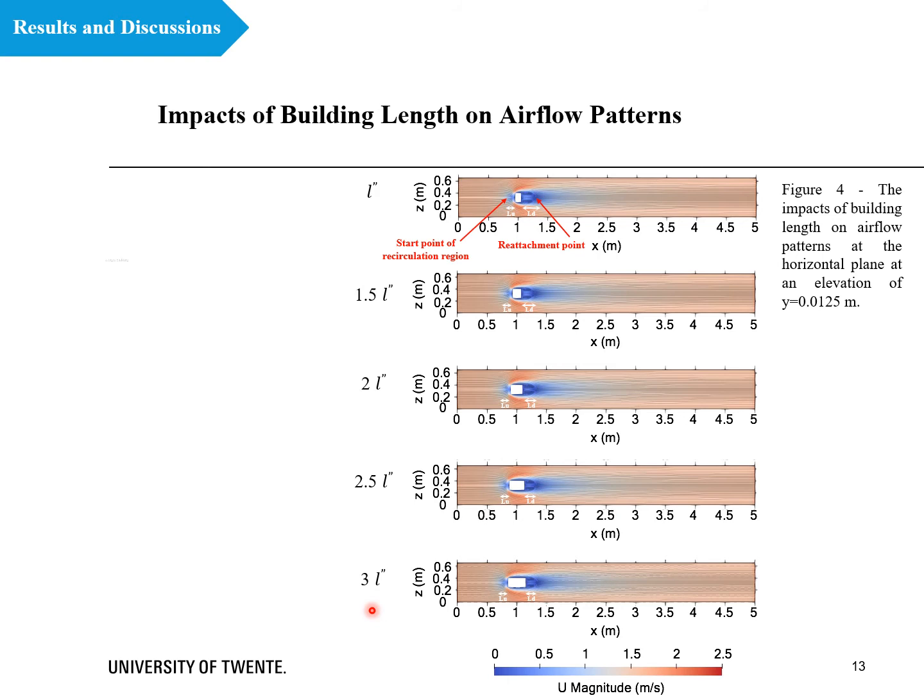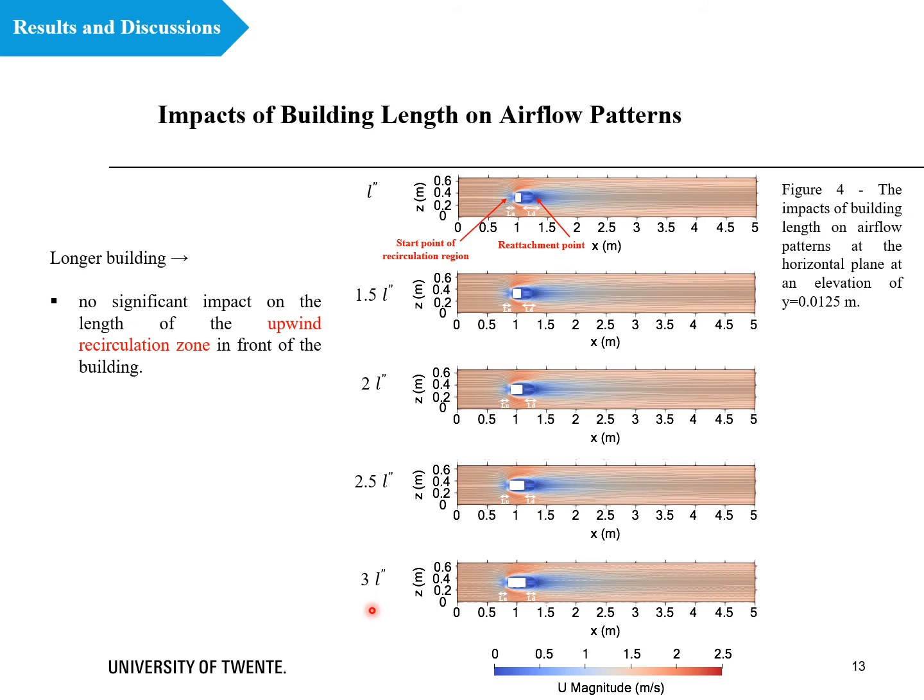The results show that the longer building makes no significant change on the length of the upwind recirculation zone in front of the building, which is defined as LU, or the length between the start point of recirculation region and the front face of the building.